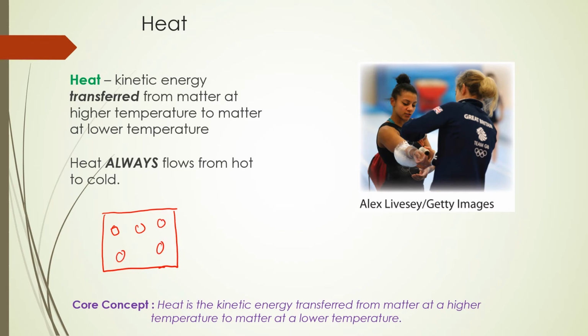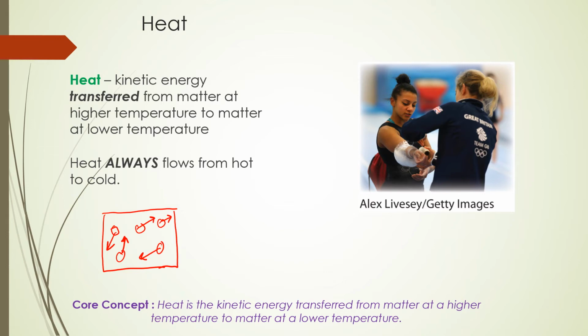Now all particles are always in motion, as we learned earlier. So as they are moving, they possess some kinetic energy. So imagine that this matter is moving quite a bit. These arrows represent that these particles are moving quite a bit, and they are randomly moving in all directions. So when they move, they collide with each other, they collide with the walls of container, all kind of collisions take place.